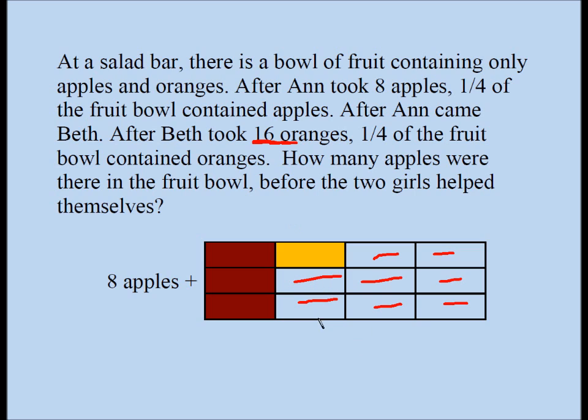And these slivers, 1, 2, 3, 4, 5, 6, 7, 8, if you take 16 divided by 8, you're going to get 2, and that means each of these rectangles is worth 2 oranges.